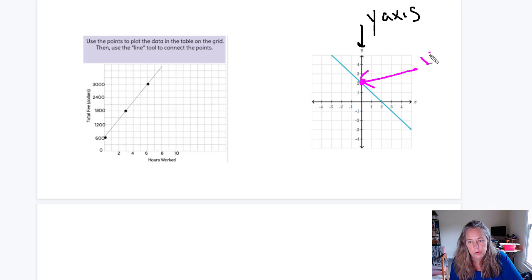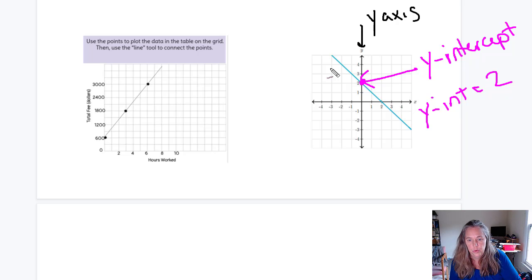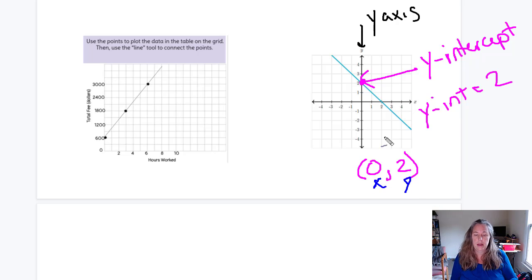It's the place where the line crosses the y-axis. We have two ways we can express that y-intercept. I often write y-int. We could say it's 2, because that's the y value. We could also give the coordinates for the y-intercept: x is 0, y is 2. You don't need to take notes on this, but if you'd like to, it's not a bad idea.